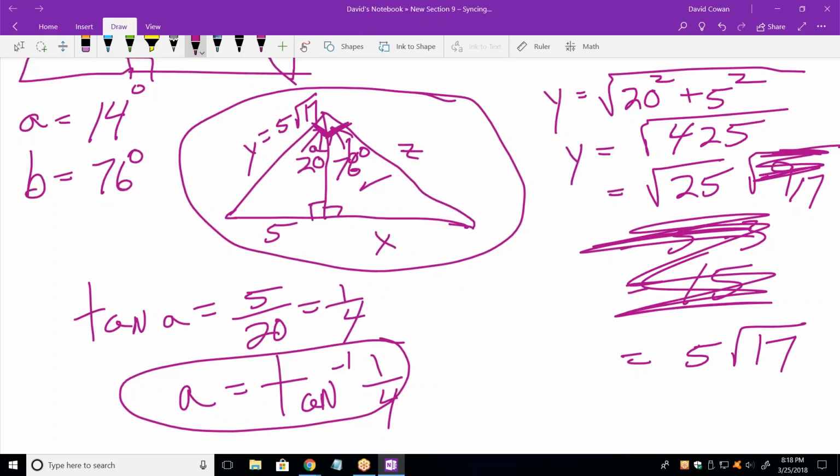So figure out which trig function you're going to use, and then start with that. So the tangent of 76 is equal to x over 20, which means x equals 20 times tangent of 76. Go ahead and give me that.